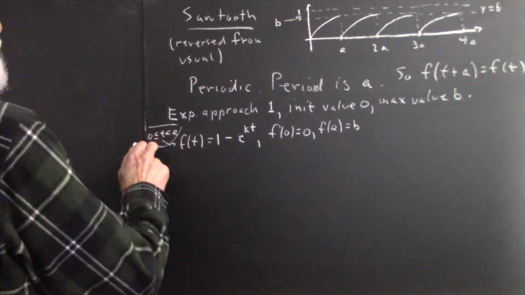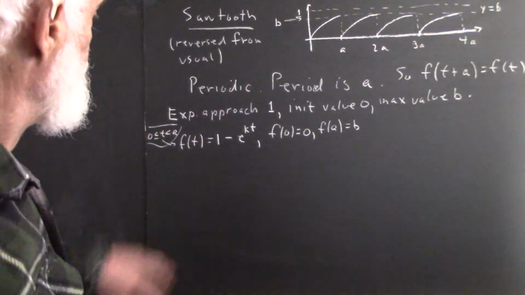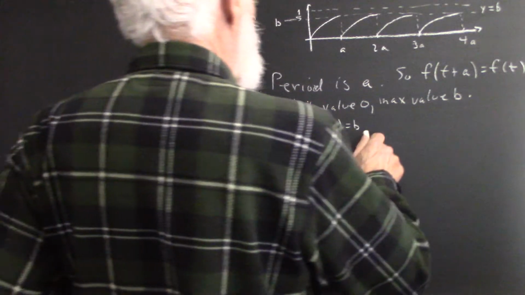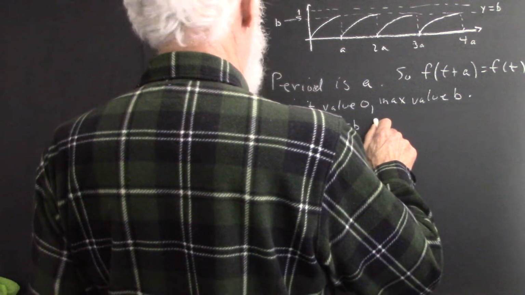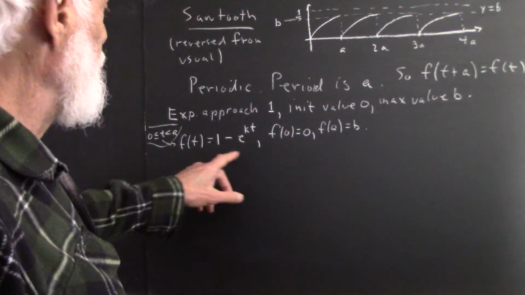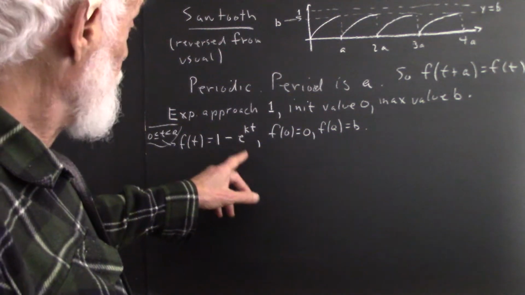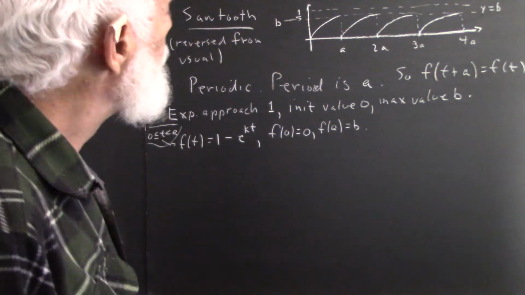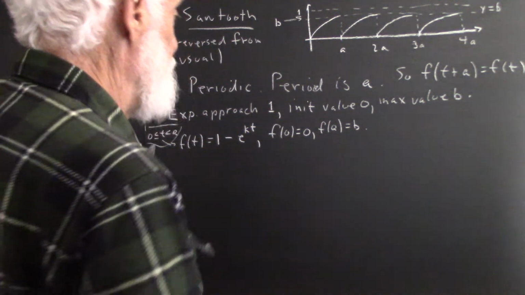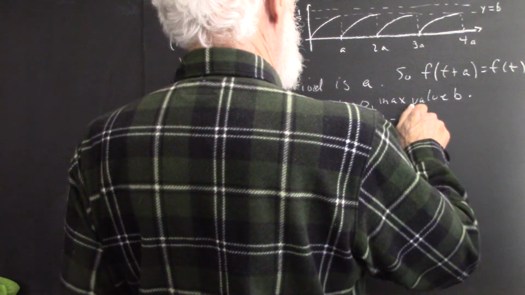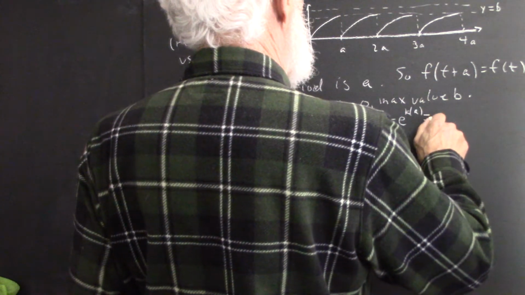So on this interval, t from 0 to a, this is what we have. Okay, well, f of a equals b. F of 0 equals 0 is taken care of already by just using a coefficient of 1 in front of e to the kt. F of a equals b then says that 1 minus e to the k times a equals b.